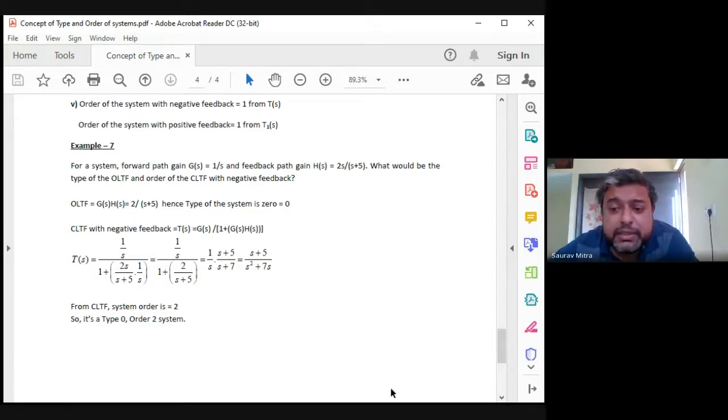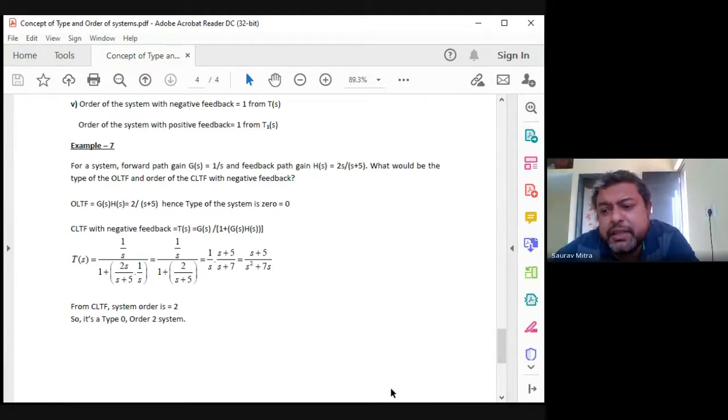You remember these two formulas. First thing, steady state error is equal to limit t tends to infinity e(t). Second formula is steady state error is equal to limit s tends to 0 s into E(s). So if it is time domain, it is limit t tends to infinity e(t).